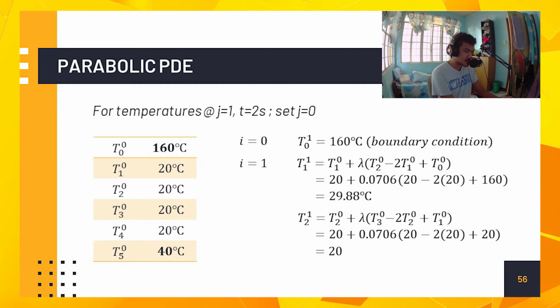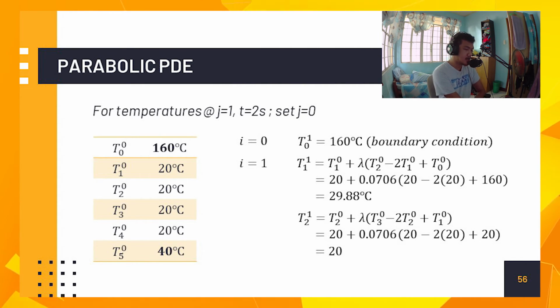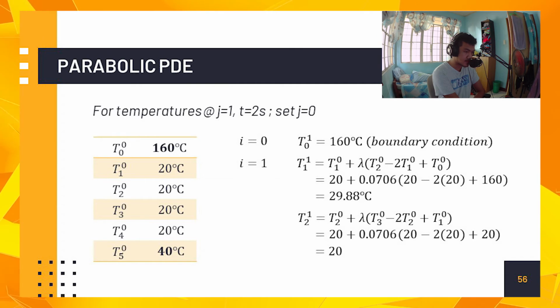We have a range of values: 160 degrees Celsius, 20, 20, 20 degrees Celsius, and 40 degrees Celsius. For i equal to 0, we have T sub 0 raised to 1, which is equal to 160 degrees Celsius, which is the boundary condition.